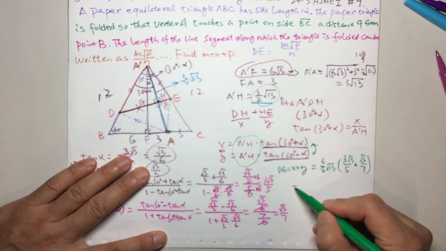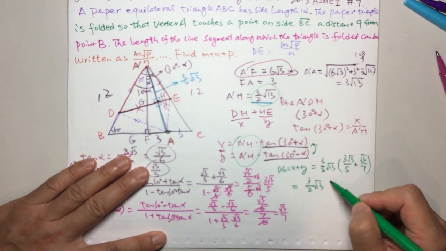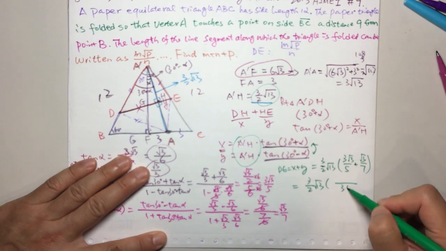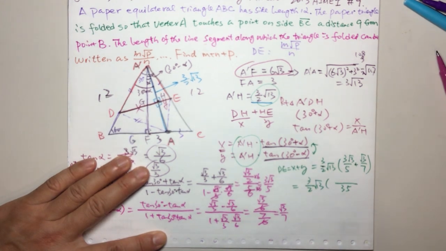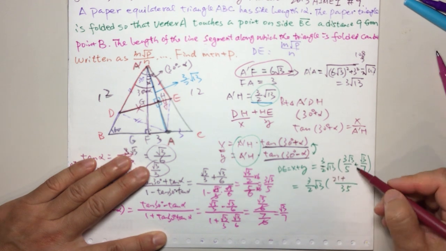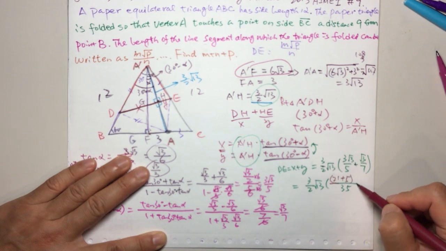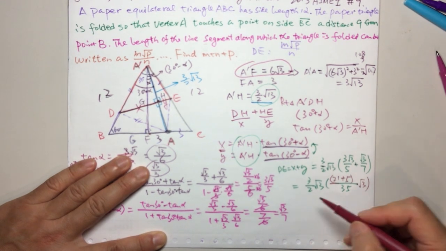So we will get how much for that? Over 2 square root of 13, 35. So 21 plus 5, then times square root of 3.